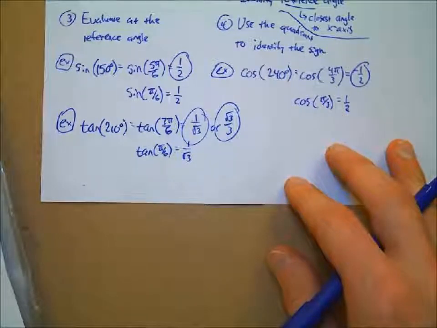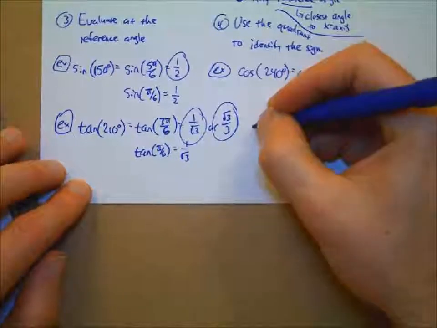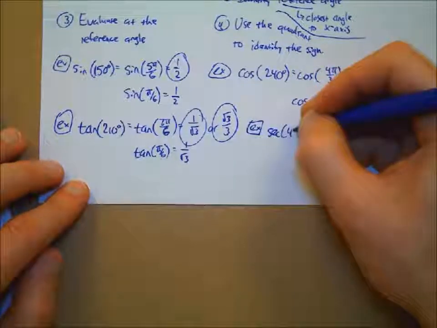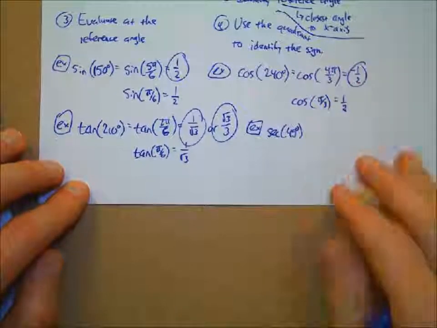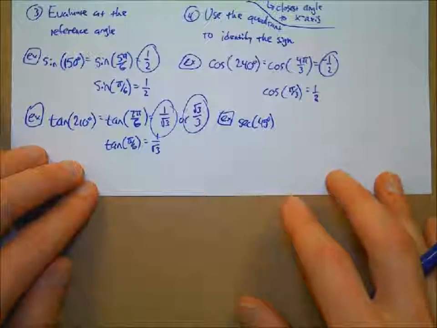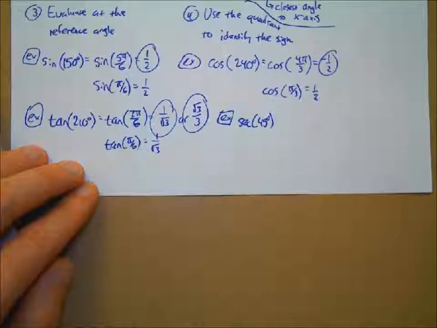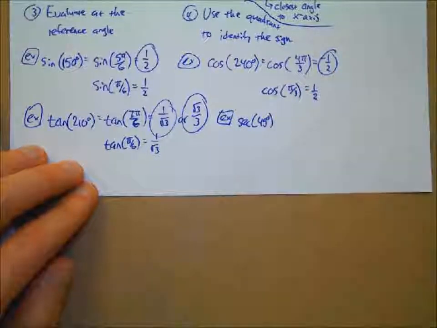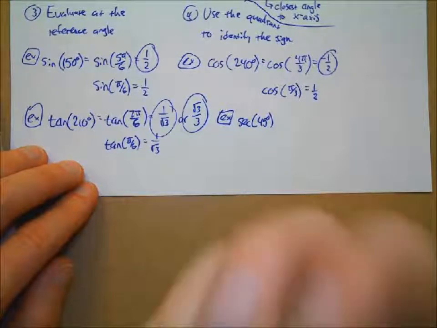Let's try another one. Secant, 45 degrees. Ooh, secant. Well, if we want to evaluate secant, what other trig ratio are we going to use instead? Cosine first.